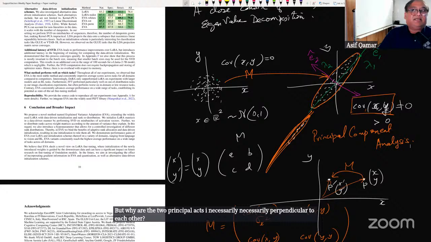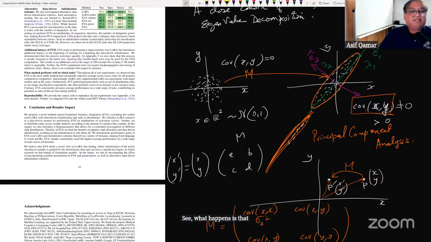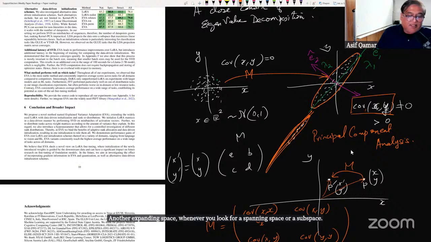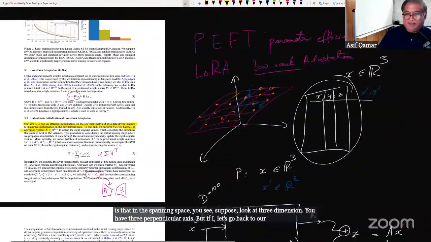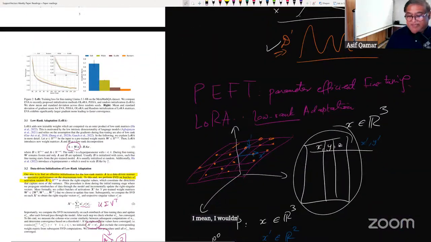See, what happens is that whenever it is called the spanning spaces, that x and y are perpendicular to each other, you are searching for another spanning space. Whenever you look for a spanning space or a subspace, the underlying assumption, almost axiomatically, is that in 3 dimensions you have 3 perpendicular axes. Here's a simple case.